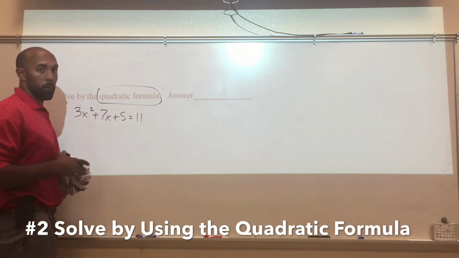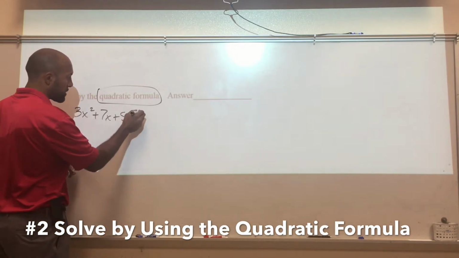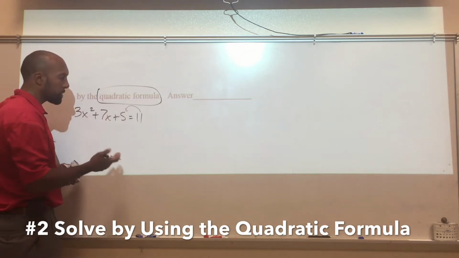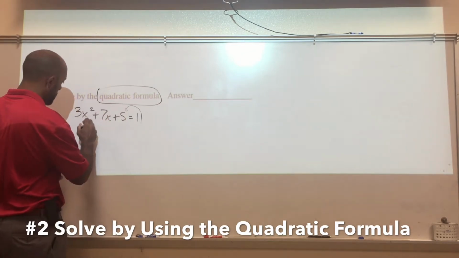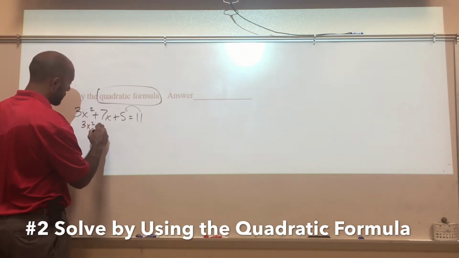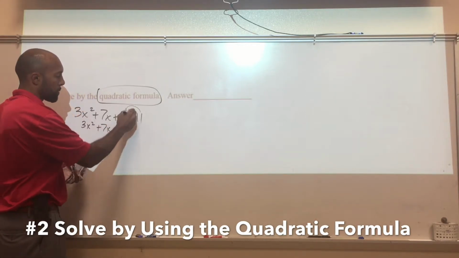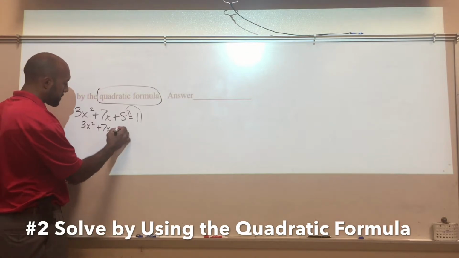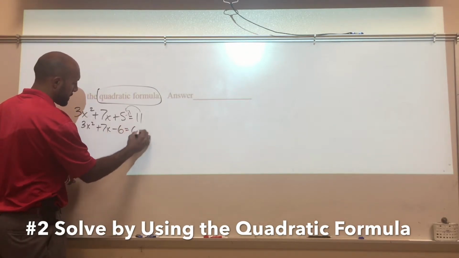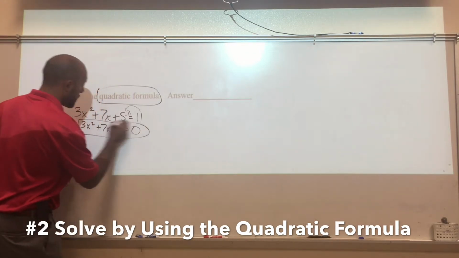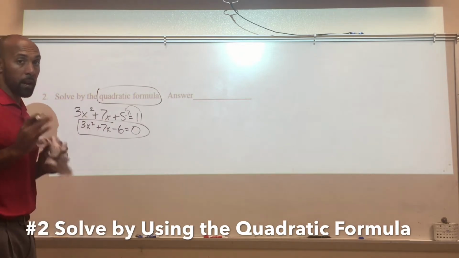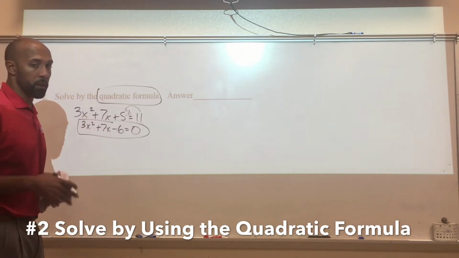I'm going to rewrite it the way it was after we changed it. So remember, move the 11, you still need it to equal 0. 3x squared plus 7x, and I'm going to go ahead and subtract. So 5 minus 11, negative 6, equals 0. So we're going to use that right there. You have to make it equal 0 first before you start.